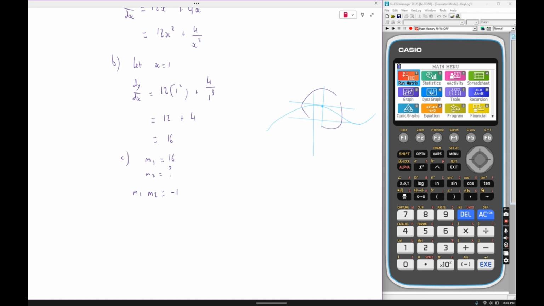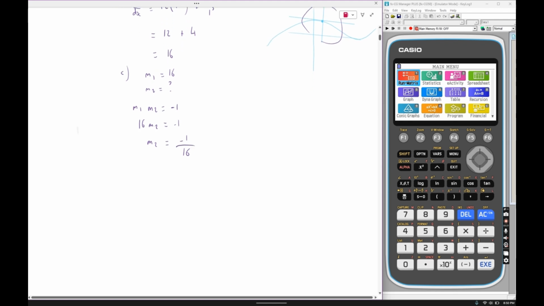So I'm going to sub in 16. I've got 16 times m2 equals -1. So m2 equals -1 divided by 16. And we can just keep that as a fraction just to make it a bit easier.